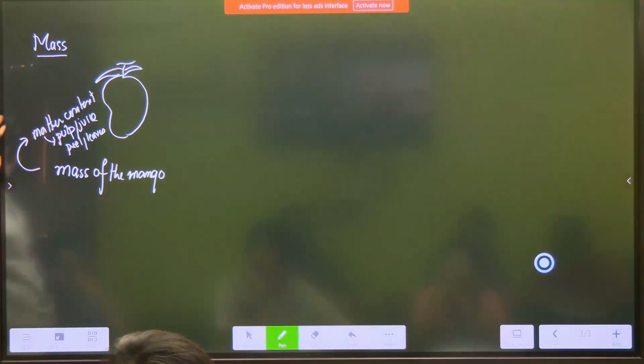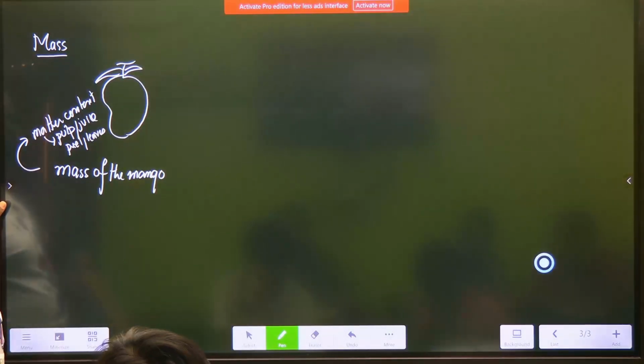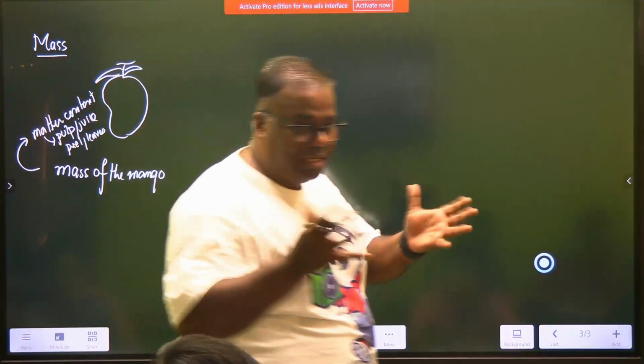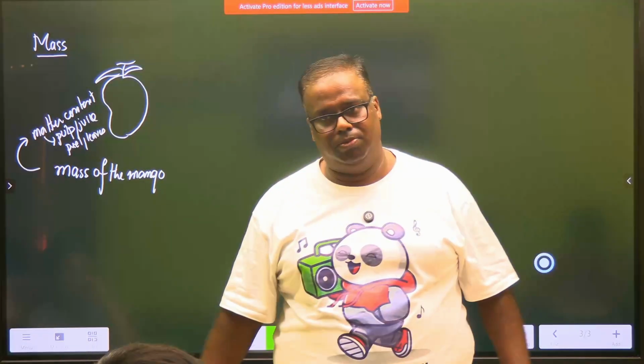Some sort of gases are also there in the mango. Yes, there will be gases. So dissolved gases will be there. Otherwise, how are you getting the smell? So all these contribute to what is known as the mass of the mango. Mass का मतलब होता है, mass means what is the content of matter in a body. ये clear हुआ आपको, right?